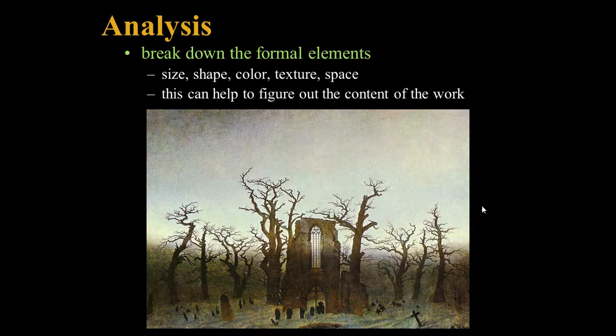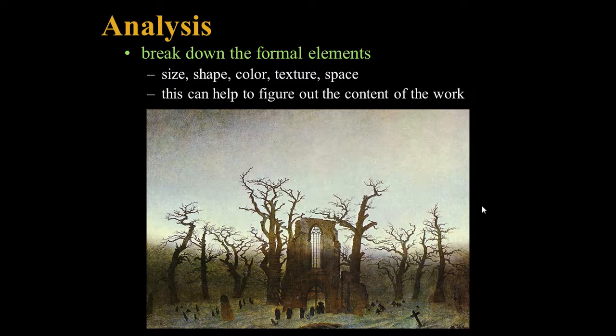Okay, analysis is step 2, and that's where you're breaking down the formal elements: line, shape, color, texture, size, relationships, all these kinds of things. You start with the list that I have, and if anything else doesn't quite fit into those categories, but you notice it, then just add other and write down some descriptive aspects of what you're seeing.